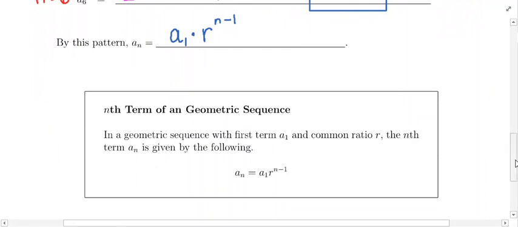To compute the nth term of a geometric sequence, it says in a geometric sequence with first term a1 and common ratio r, the nth term an is given by the following. an is a1 times the r value raised to the n minus 1 power.